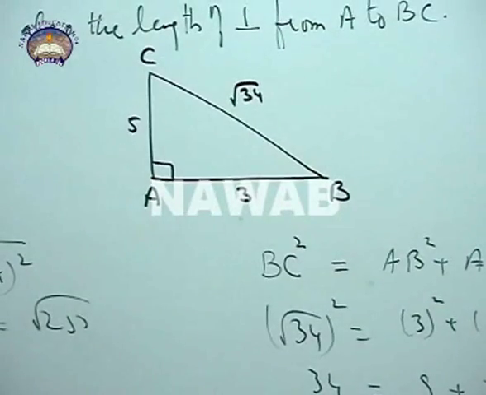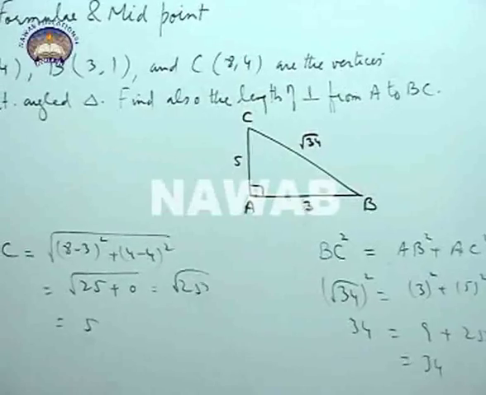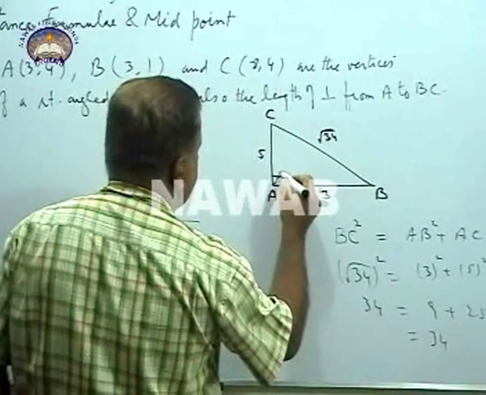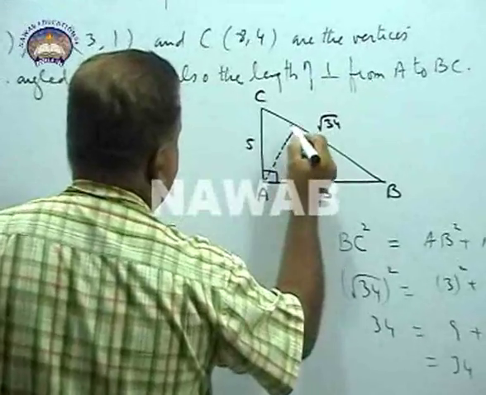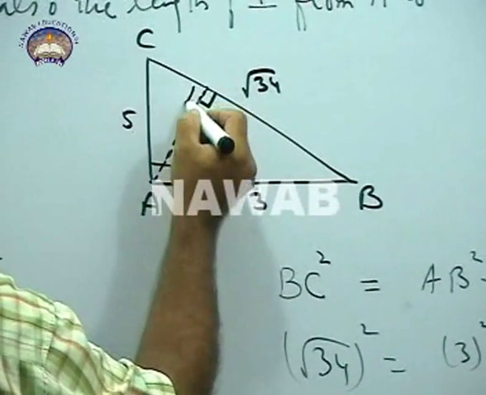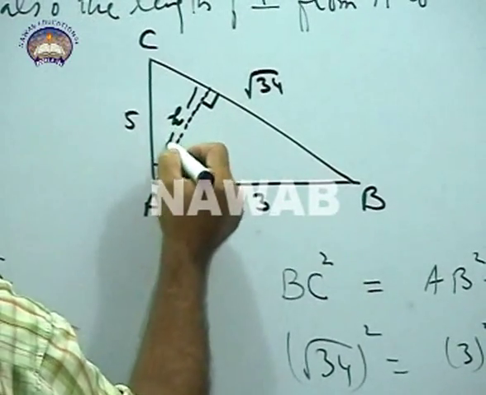Now it says find also the length of perpendicular from A to BC. So if I make a line segment perpendicular to BC from A, then we have to find the length of this side. Let me suppose it as H.